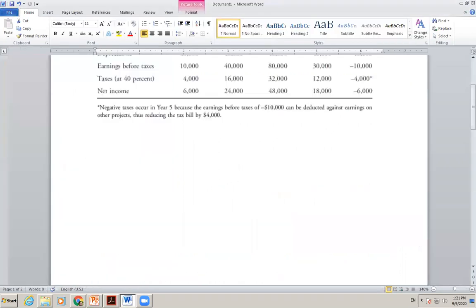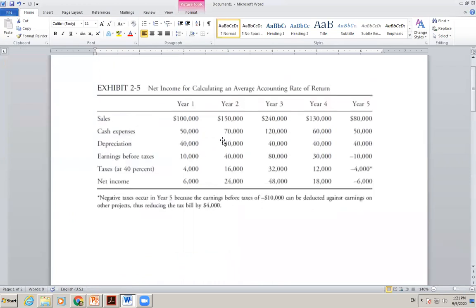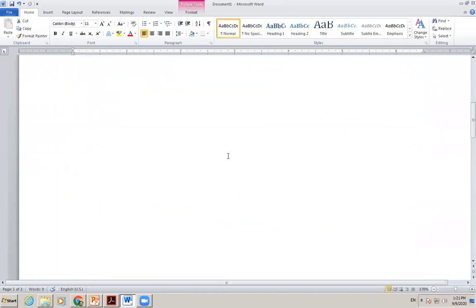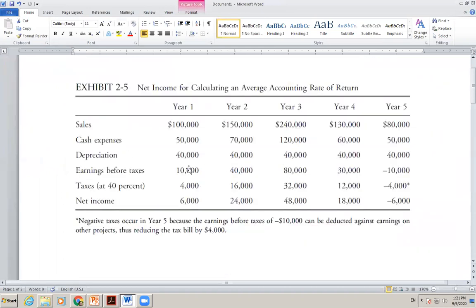An example is given here. We're given net income for calculating average accounting return, okay? Cash expenses, depreciation, earnings before taxes, taxes, and the net income are here. In year 1, 6,000, in year 2 and so on, 24,000, 48,000, 18,000, and minus 6,000.